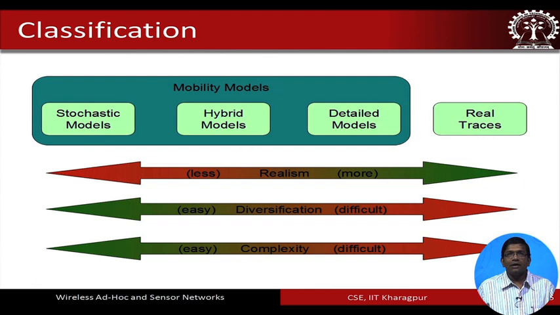Real traces and detailed mobility models have the maximum complexity compared to the hybrid and stochastic models.